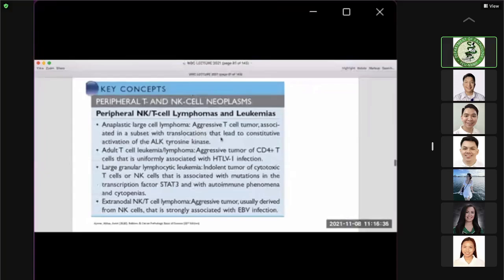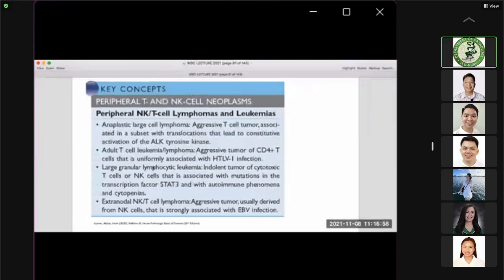Anaplastic large cell lymphoma, okay, aggressive T-cell tumor, with translocation that leads to constitutive activation of the ALK tyrosine kinase. Adult T-cell leukemia or lymphoma, aggressive tumor of CD4 positive T-cells uniformly associated with HTLV-1 infection.